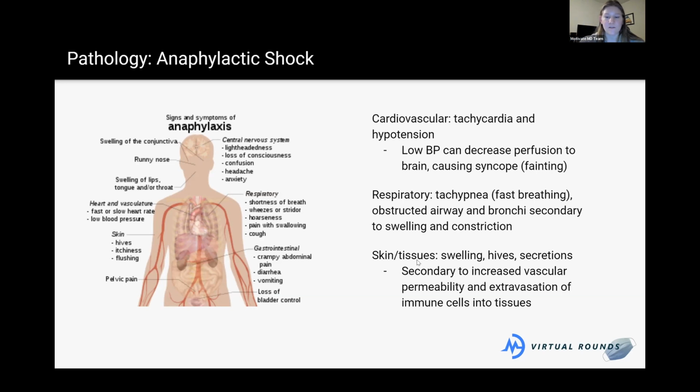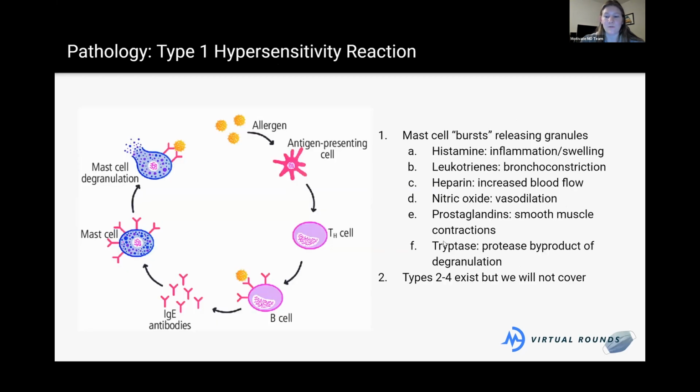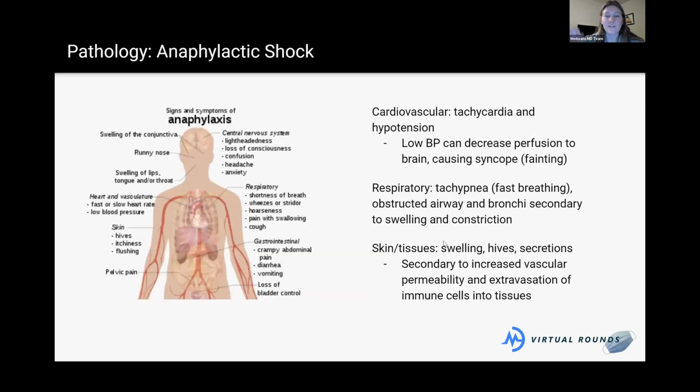But these cell signals that we had on the previous slide can also increase your vascular permeability and leak fluid into your tissues. That's what causes the extra swelling that we see around the eyes, around the lips, possibly in the airway, and gives you hives on the skin.